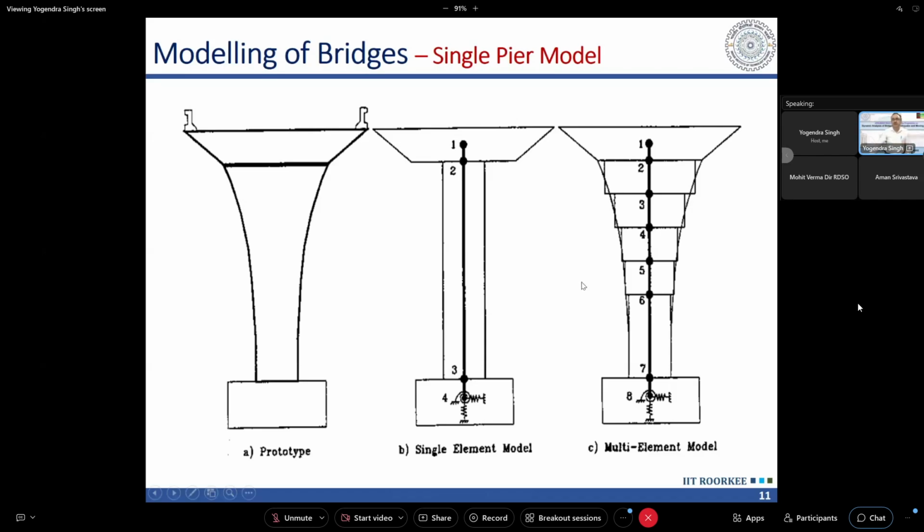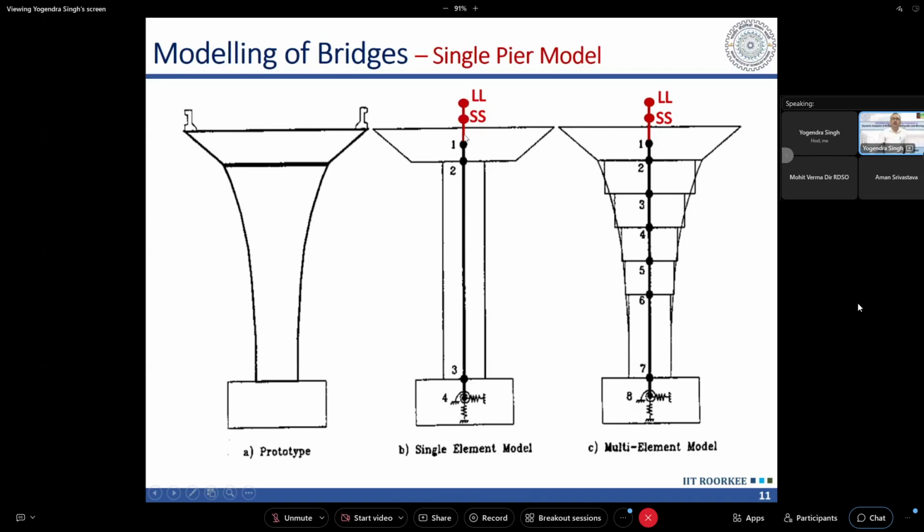In the longitudinal direction, the mass of the superstructure will be effective at the center of the bearing. So it should be lumped at the level of the bearing, somewhere here. So here the superstructure mass will be lumped. In the longitudinal direction we don't consider live load, but in the transverse direction we consider the contribution of live load also. So live load will be acting at a certain height above the bearing, somewhere here.